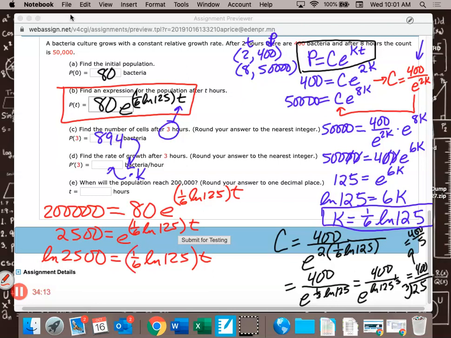And then to solve for t, all you have to do is divide. This one they want 1 decimal place. My answer is 9.7.